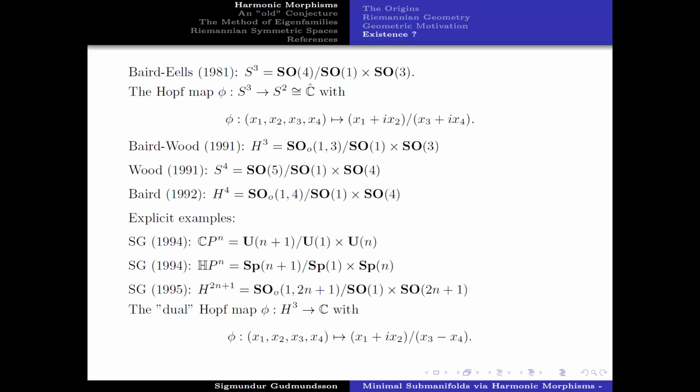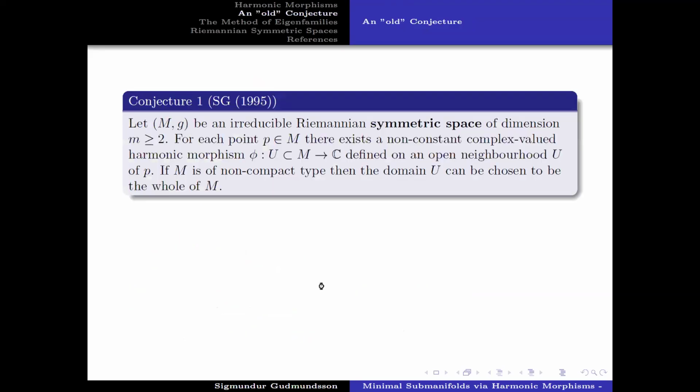If you have a solution to our problem, you can always find a solution on the dual case. So this is maybe the simplest example. It's very easy to find this.